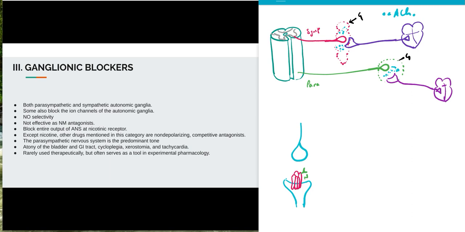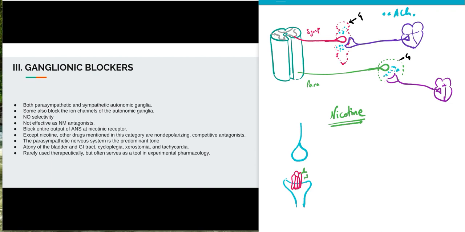Now remember this. If I talk about nicotine, nicotine has a very weird way of action. What does nicotine do? Nicotine is going to open this channel up, because it is a nicotinic receptor. Of course you understand why it is a nicotinic receptor, because it definitely responds to nicotine.